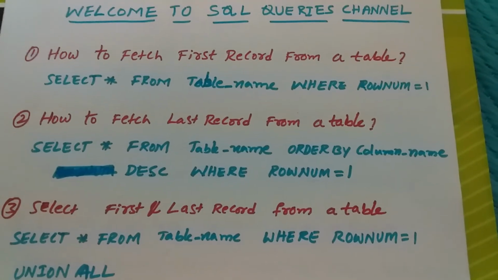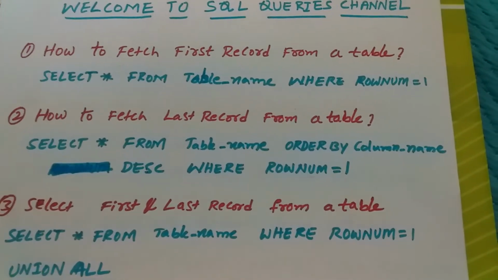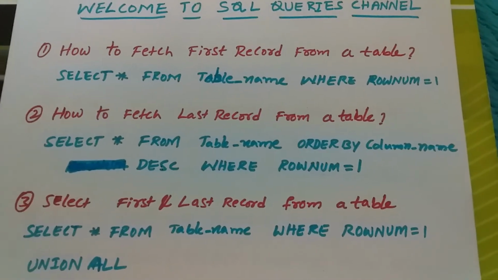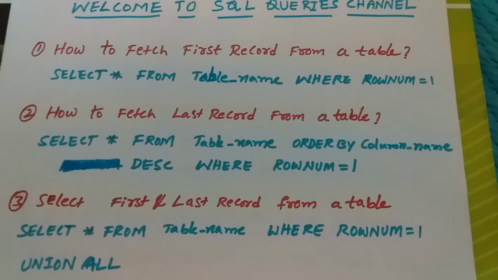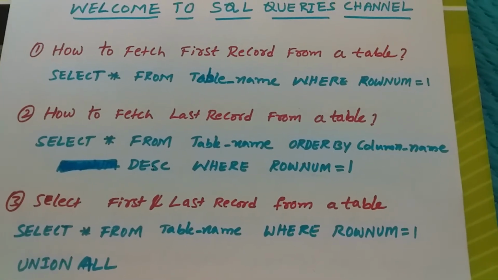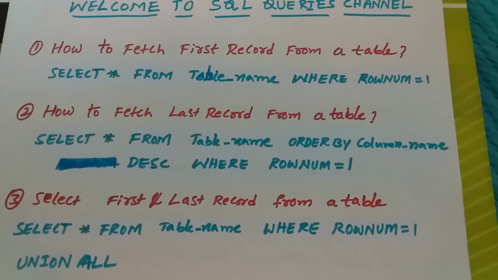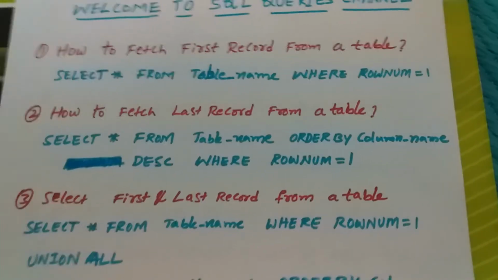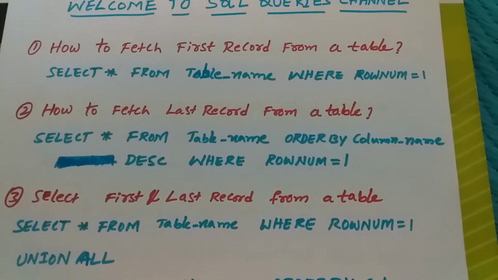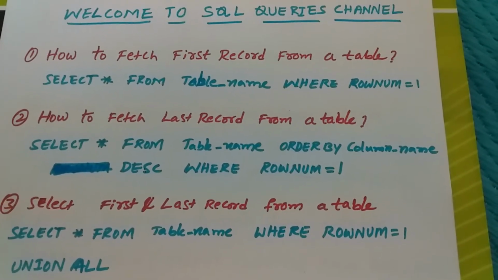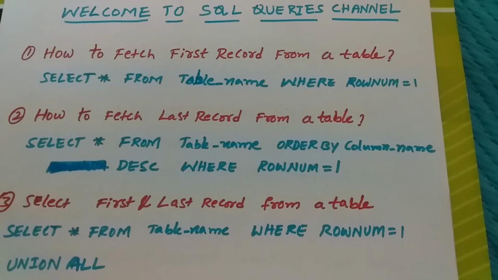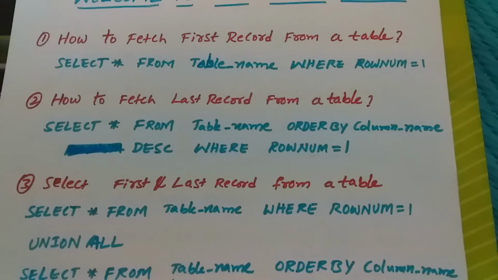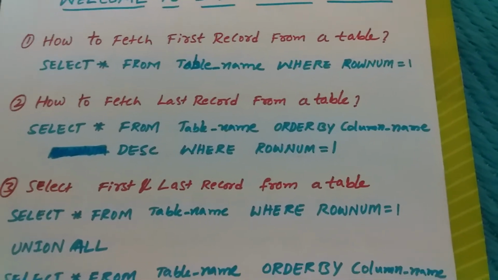For example, in an employee table you can mention the employee ID column name, or for a student table you can specify the student ID column name as student_ID. Any column name which is related to numeric data, some number sequence. Then here DESC means descending order.